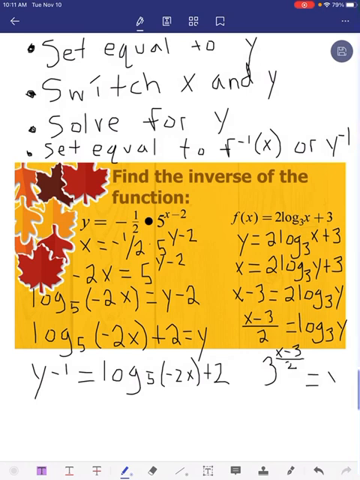And then that's going to equal y. And again, we need to rewrite that as the inverse, which is what our little negative 1 means, of f of x, is going to be 3 to the x minus 3 divided by 2 power. And that would be our final answer.